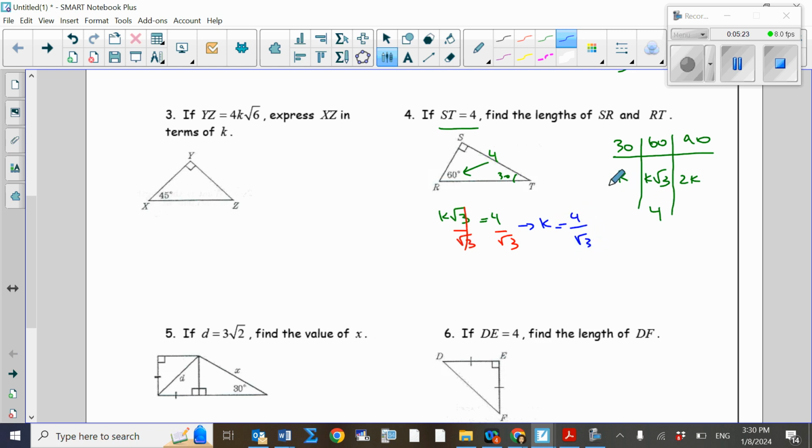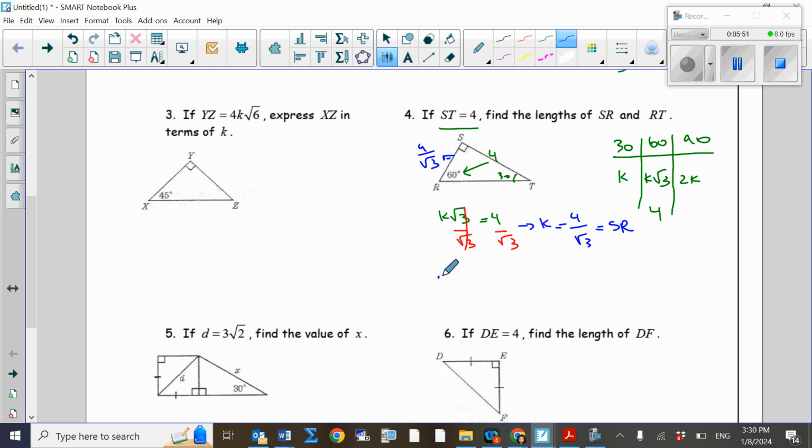That's also the measure of the side opposite angle 30. So this one, basically SR, is 4 over root 3. Now I need to find the other side, RT, this one, which is opposite 90.